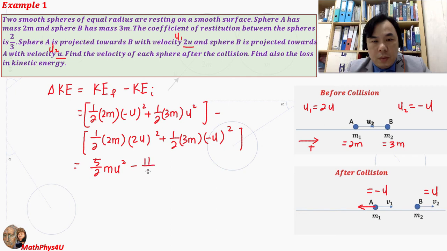Therefore 11 over 2 mu square. Okay, just let me check properly. Sometimes I'm a bit lost with my calculation. Please forgive me on that. You have 4, 8, 11. Yeah, should be correct. So from here, I will be able to get a negative 3 mu square.